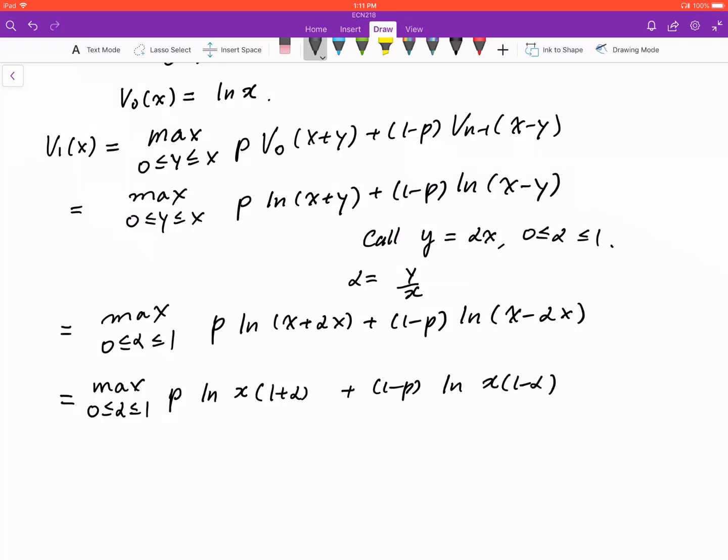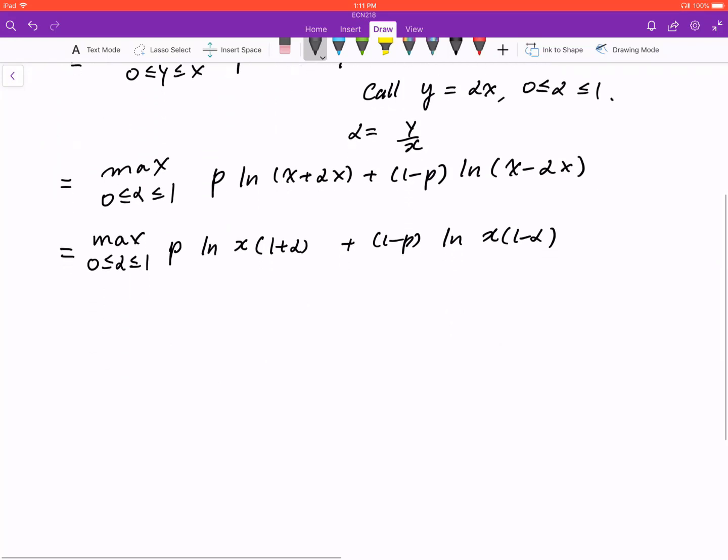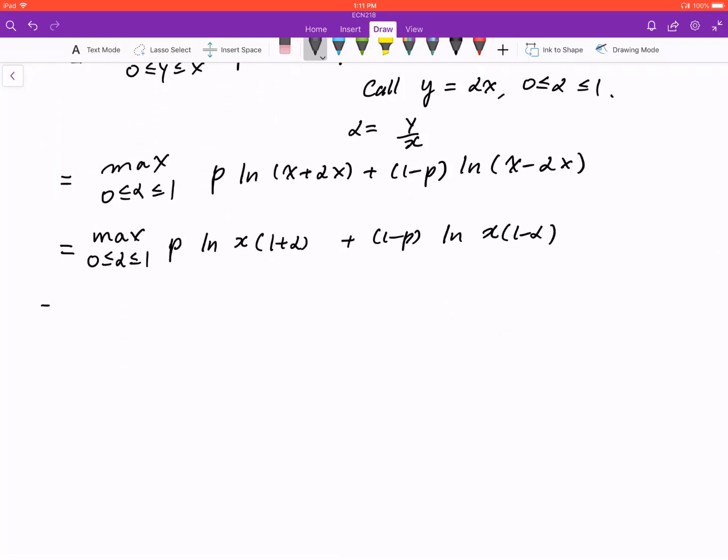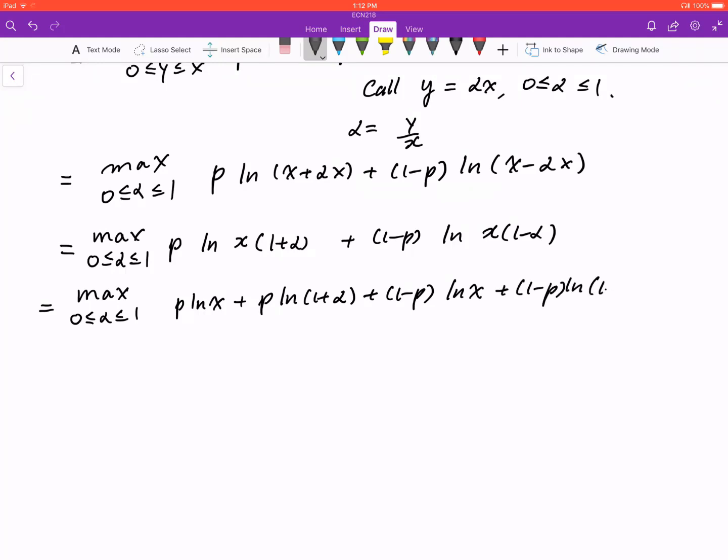So we factor x out and apply the property of logarithm: p log x plus p log(1 plus alpha), plus 1 minus p log x plus 1 minus p log(1 minus alpha), right?